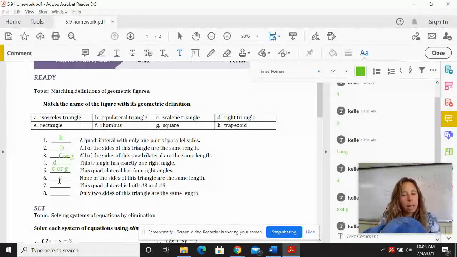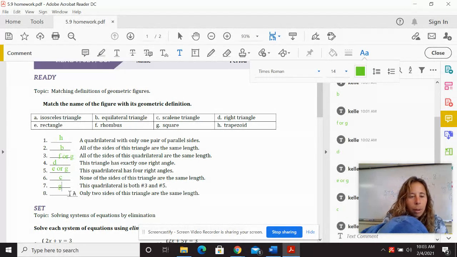So this one is actually our square, yay! So that is G. Then we can go back up here. That means this one is the rectangle. Let me delete it. There we go. That's the rectangle, and that means that this one must be the rhombus. Okay, so there we go. Process of elimination.